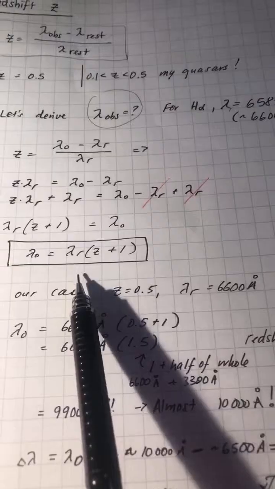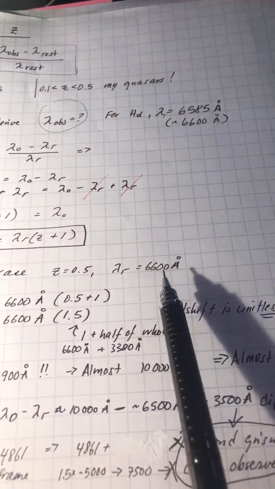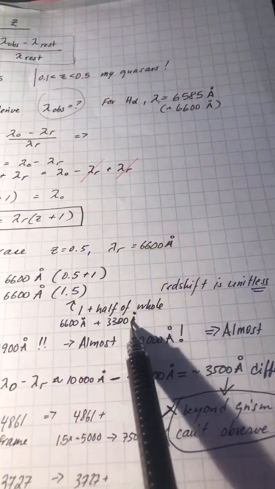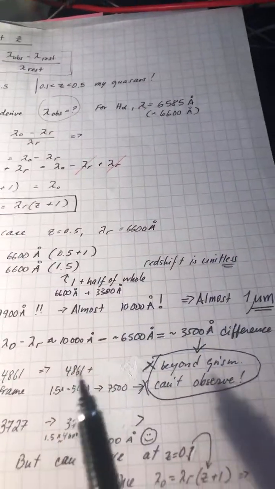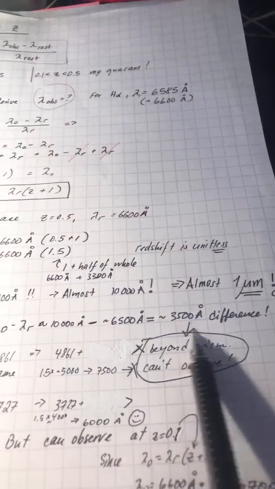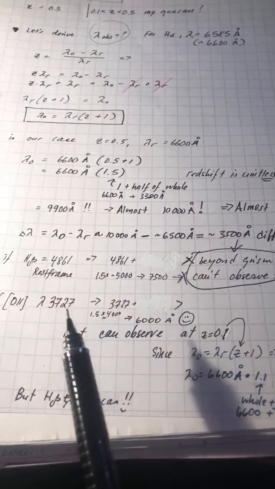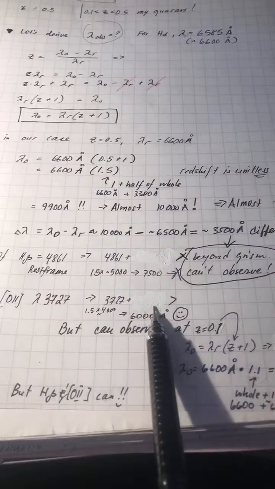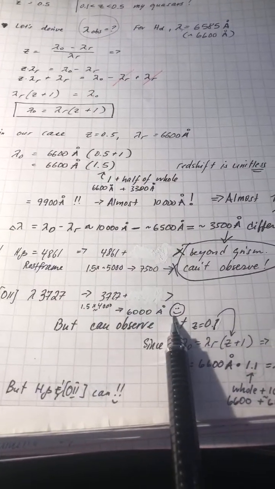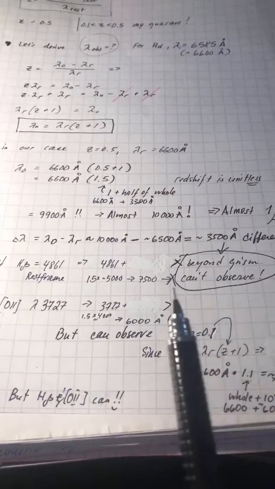So the shift for H alpha was much larger. It was 3,500 angstrom difference about, versus for the O2 emission line, the shift was about 2,000 angstrom. So quite a drastic difference.